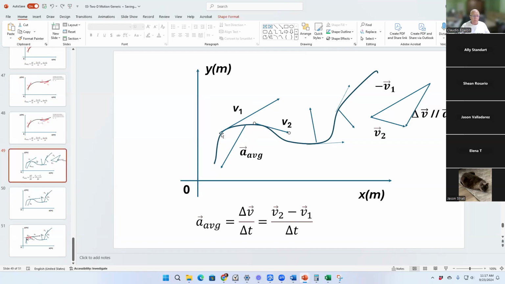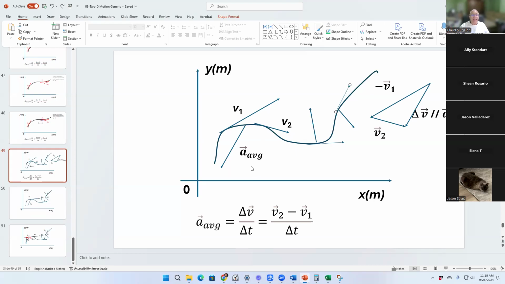Now, we're talking about the average acceleration vector, right? But don't forget, the average acceleration vector will point towards the center of the concavity only if you're taking 2 points in the edges of the concavity, okay? It's very important to point that out. If I take the average acceleration between V1 and another velocity vector that includes 2 concavities, now I won't know whether the acceleration vector is going to point towards this concavity or this concavity, okay?